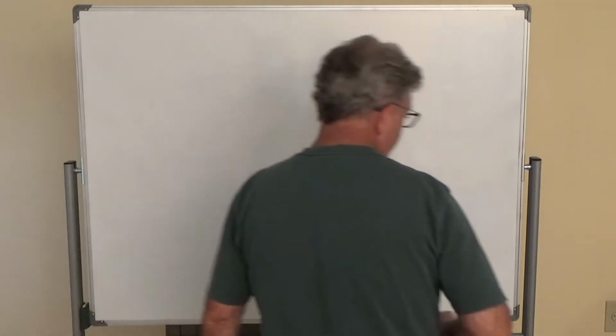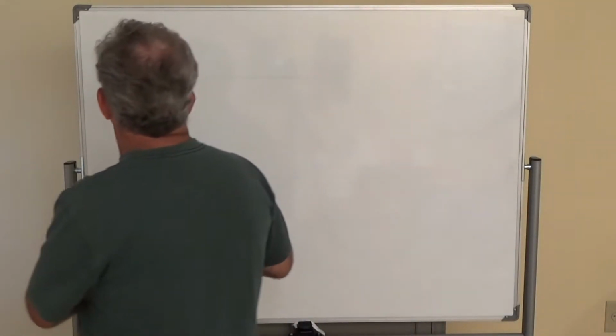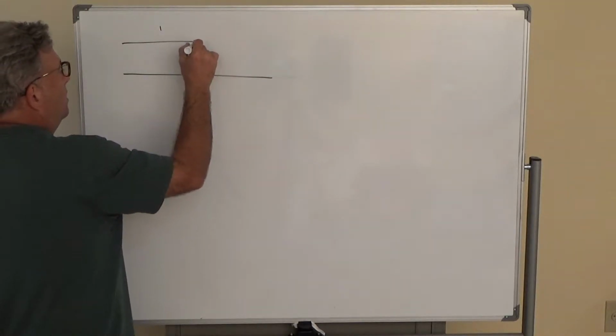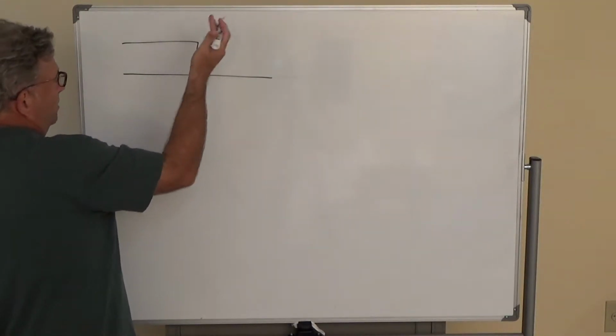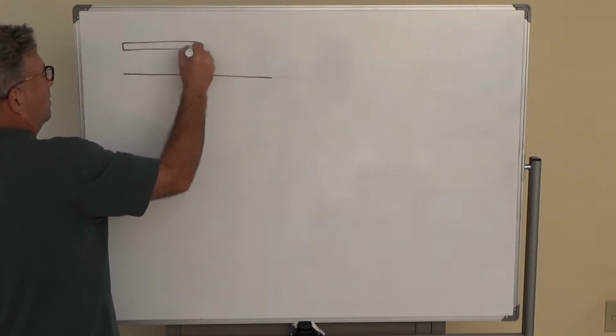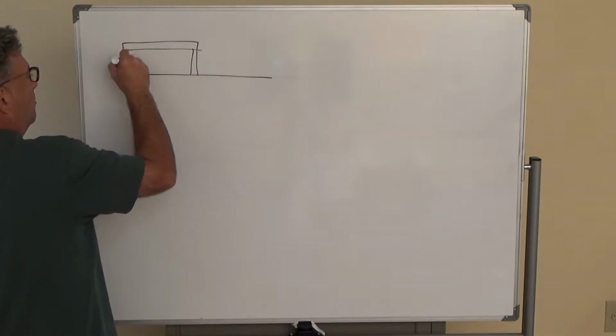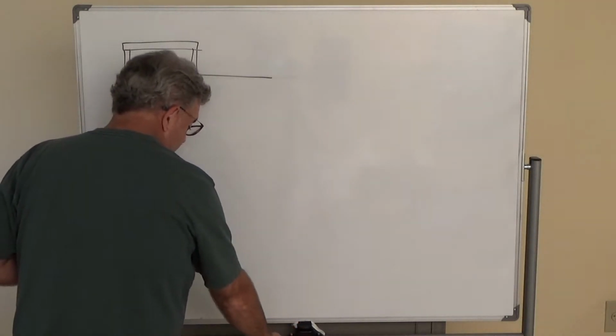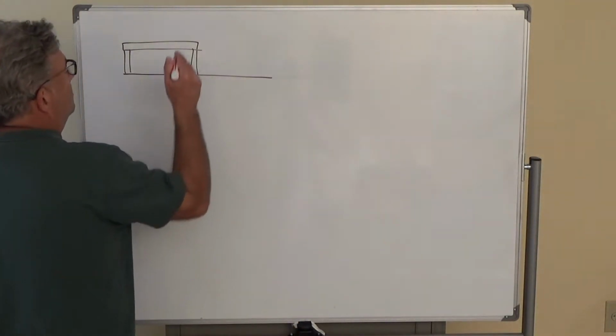So here's the setup. I'll just use variables at first. So here's the edge of the table, or the bar. Here's the object sliding.